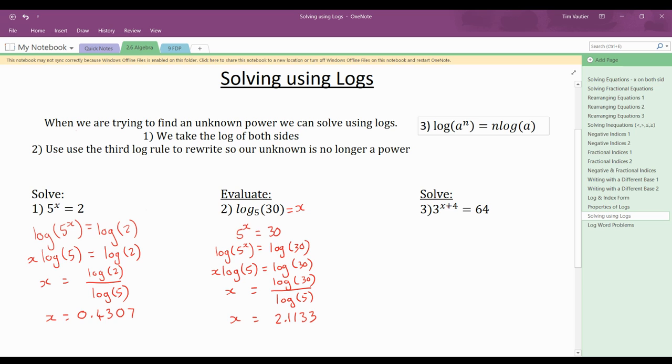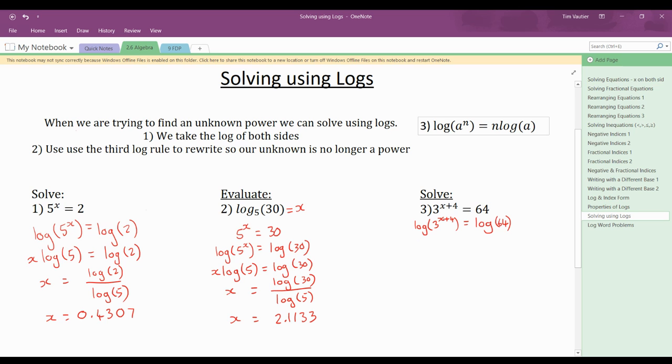All right, last one here. We've got a different power. We've got x plus 4 this time instead of just a single number, so we just have to be careful with ones like this. First of all, we're going to take the log of both sides. We've got log of 3 to the power of x plus 4, and that's equal to log 64.